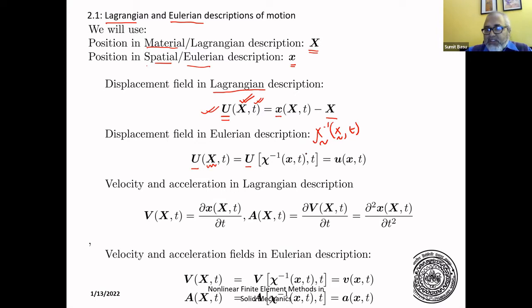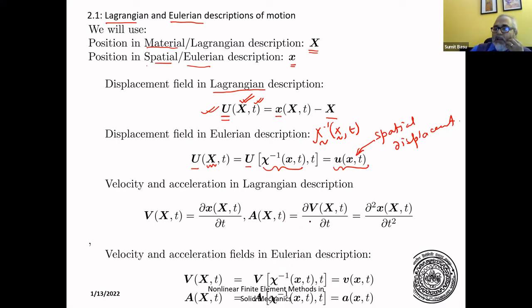So I can use this chi inverse function and express this capital U now in terms of small x. So implicitly it becomes a function of small x, and therefore I can write it as a different function, small u of small x. So this would be the spatial displacement.